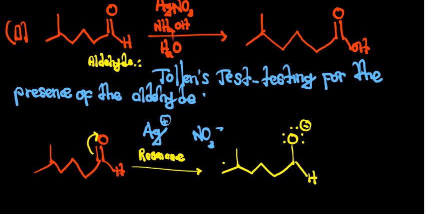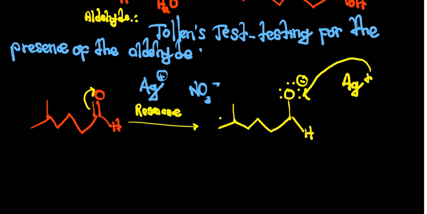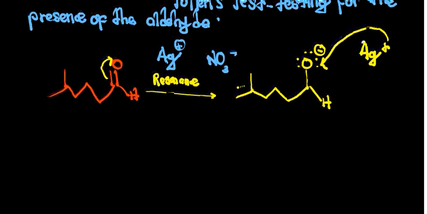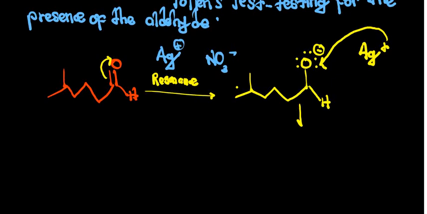So the Ag will come through to pick a proton. When it picks a proton there, we are going to have this. So remember what I was saying? The oxygen has become negatively charged, making it more suitable for a reaction because it becomes a lot more reactive in that state.